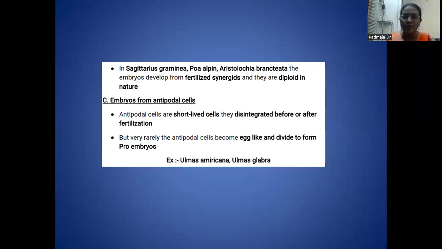Before fertilization they are haploid, and after fertilization the embryos formed may be diploid. And embryos from the antipodals. We already know that after fertilization the antipodals disappear, but sometimes they may be short-lived and disintegrate before or after fertilization. But very rarely, the antipodal cells become egg-like and divide to form proembryos.